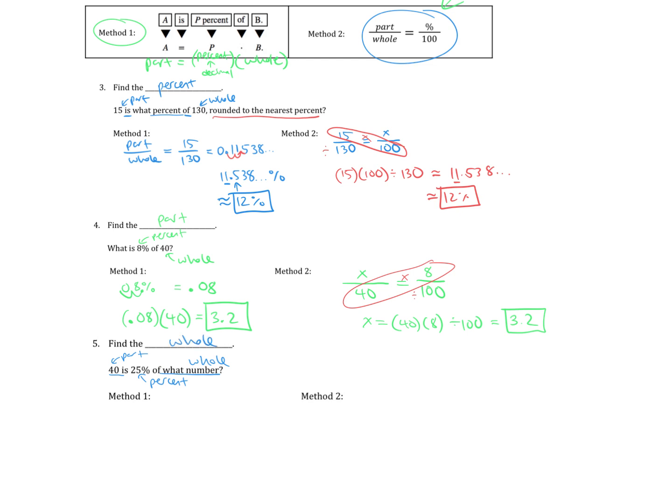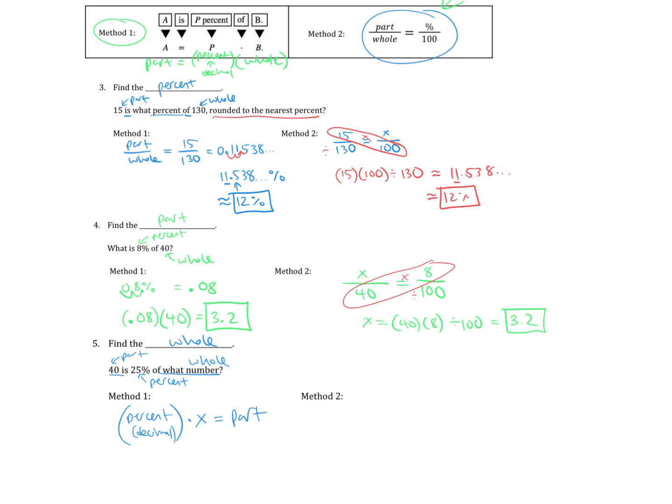Now we can use, for method 1, the same method we used in method 1 for number 4, where the part equals the percent in decimal form times the whole. But we're missing the whole, so I'm going to call the whole X. So I'm going to do the percent in decimal form times the whole, which is going to be X, will equal the part.